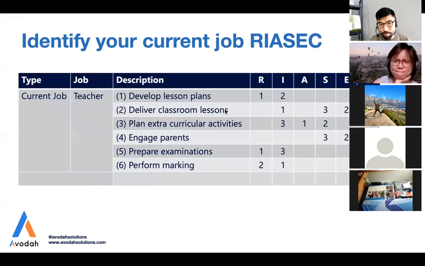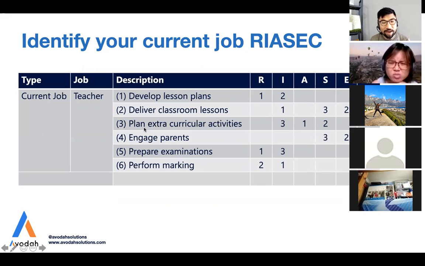So I give it a 2. And 1 is R, realistic. It requires you to do some research on your own, and to hammer out, just type out and create the lesson plans, the documents, the learning artifacts that you need for the lesson. This is how you actually map out 3, 2, and 1. That's what it means.